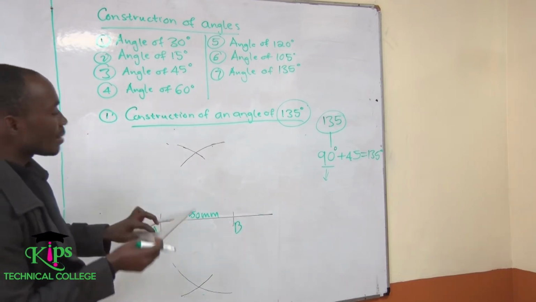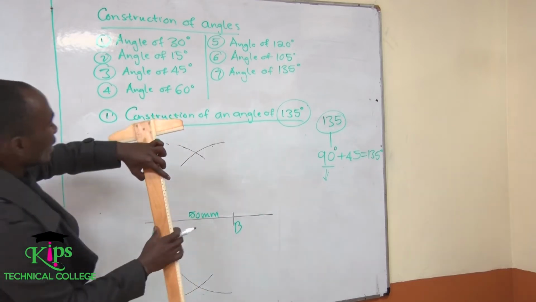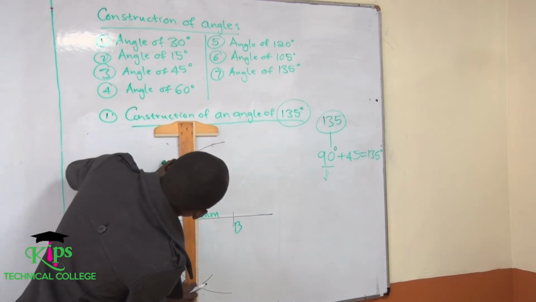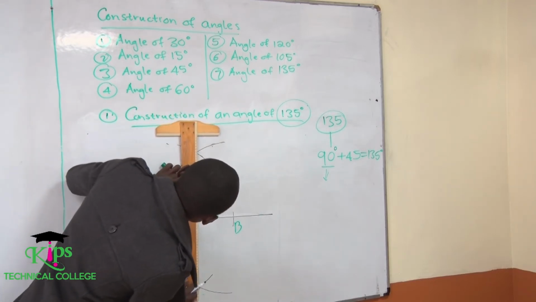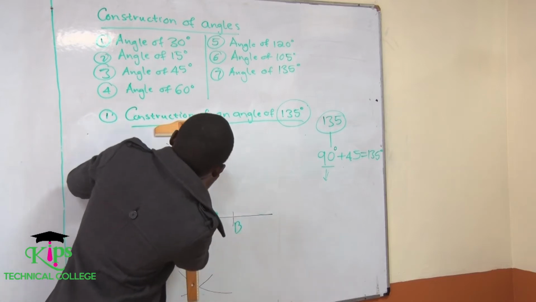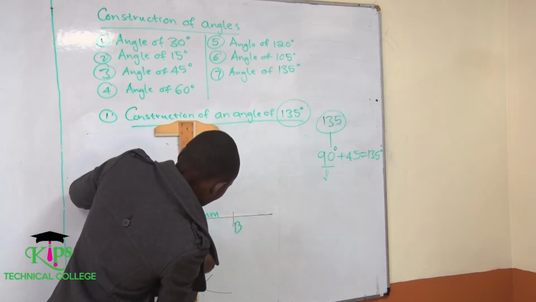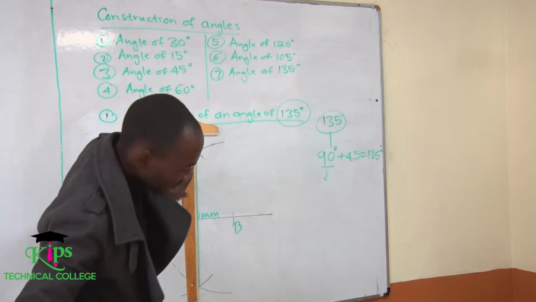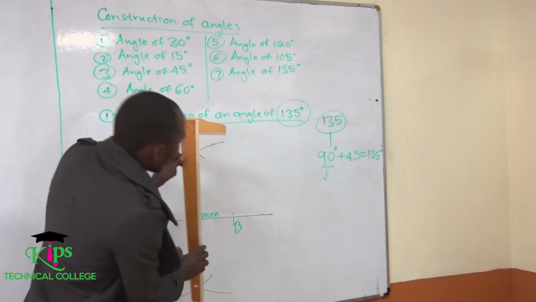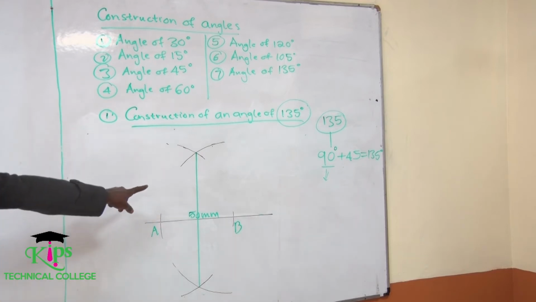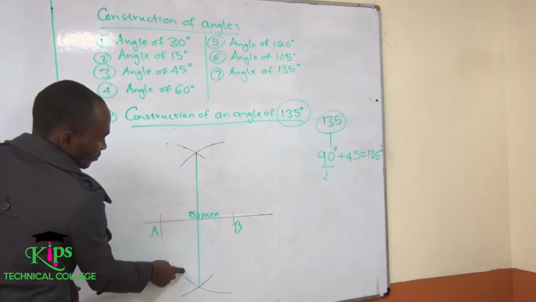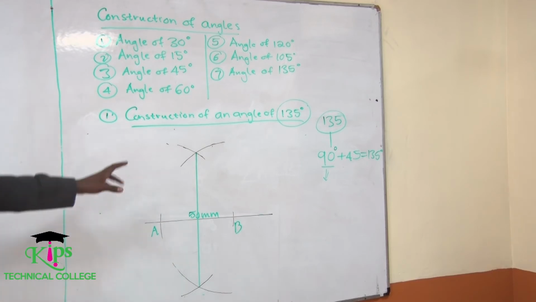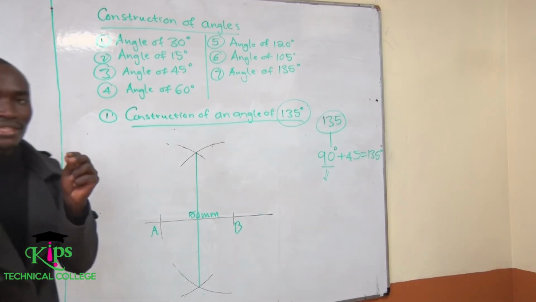So I will take up my ruler like this, then join these two areas where my arcs intersected.